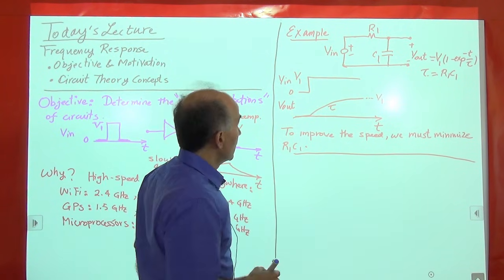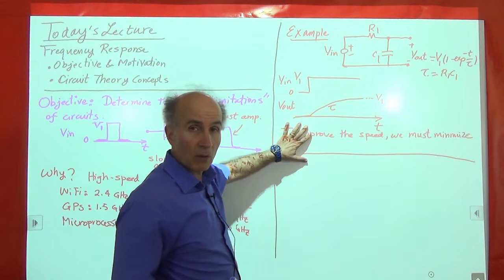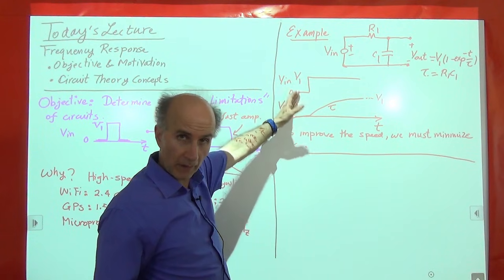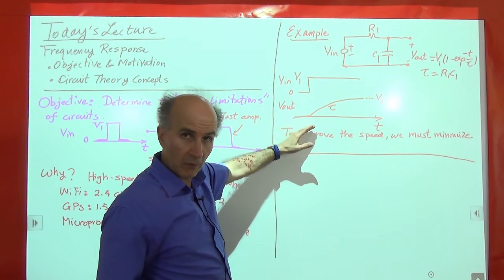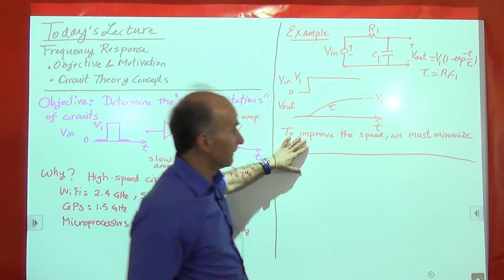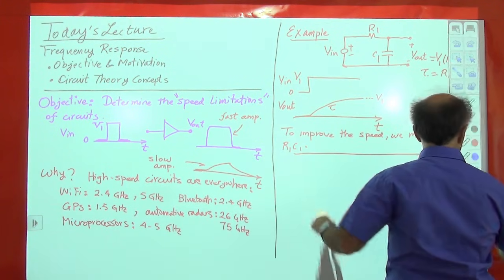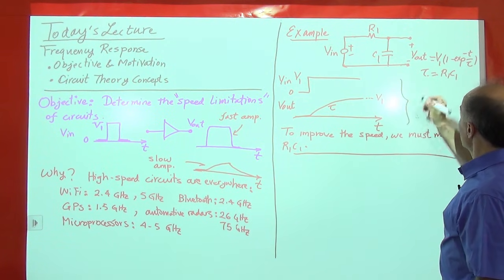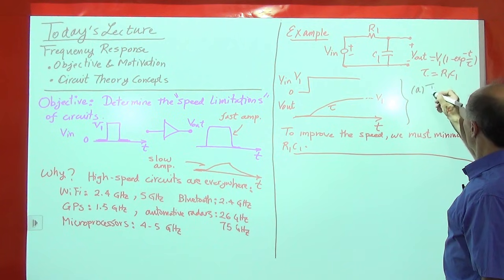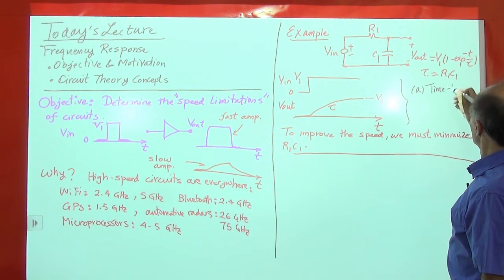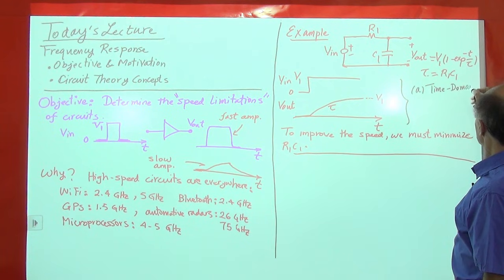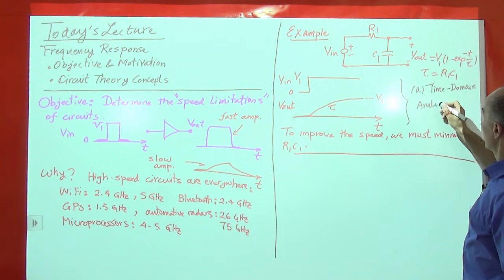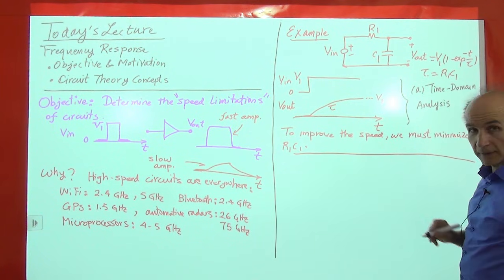All right. So what we studied here is called a time domain analysis, right? Because I apply something to the time domain, I looked at the output in the time domain, and I figured out what's going on. So let me change the color here and say this is time domain analysis of this simple RC circuit.